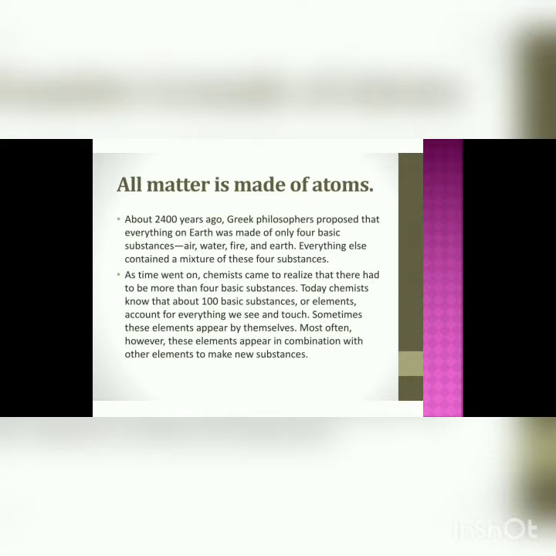For example, zinc atoms are all alike, but zinc atoms are different from copper atoms, gold atoms, and silver atoms, whereas silver atoms are all alike, but silver atoms are different from gold, zinc, and copper atoms. In this way, atoms of one element are all alike, but they differ from atoms of a different element.